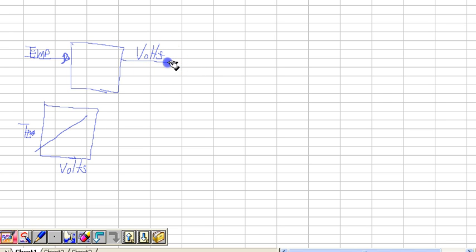Now we need to convert that into something that we can use in digital form. So we put in here an A to D. And usually an analog to digital converter, you'll see it abbreviated like this. So volts comes in, some sort of digital signal comes out, usually in a register.